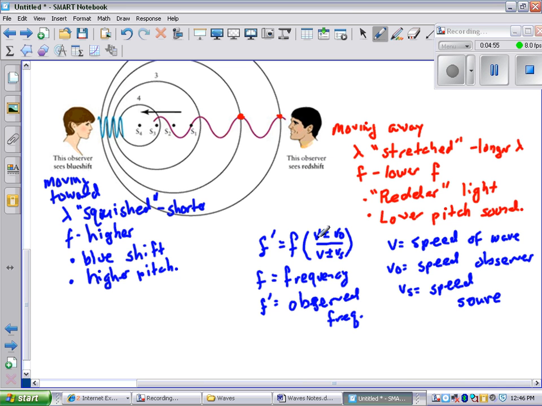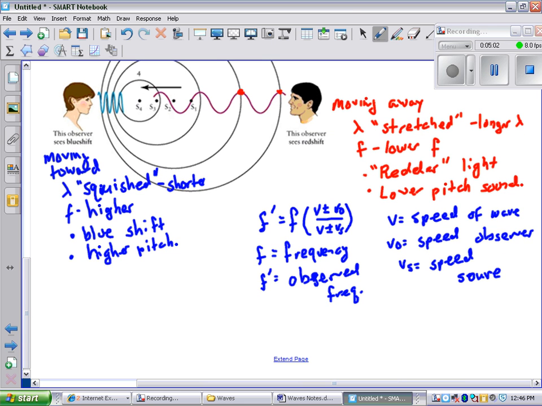Then we got to decide on this plus minus thing. The way I do for that is this. If they're moving toward, then f prime has to be greater than f. The frequency increases, so the observed frequency should be bigger than this.